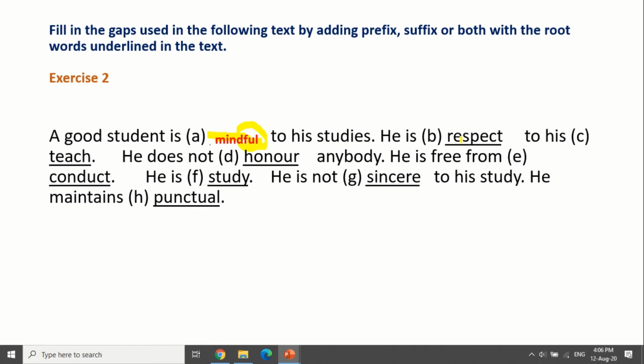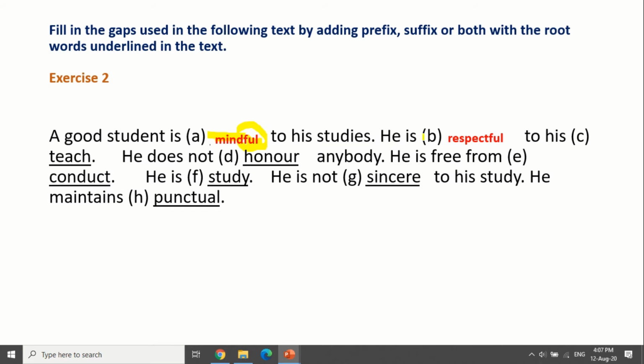You can understand that as we have done in the word number A, we have added ful to make it an adjective. We have to again add ful to make the verb respect an adjective. So the word will become respectful, right?